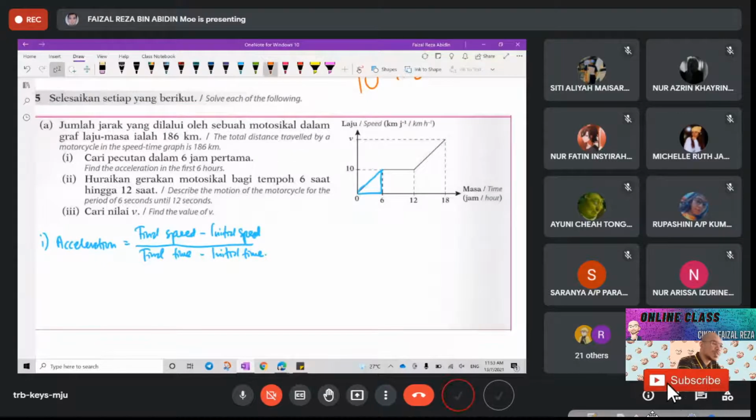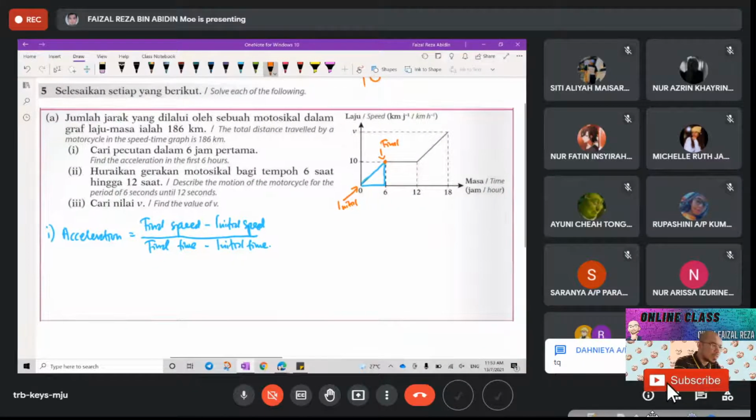For this one, this is your final speed, and this is your initial speed and initial time. So you have final speed of 10 minus initial speed of 0, over final time 6 minus 0.